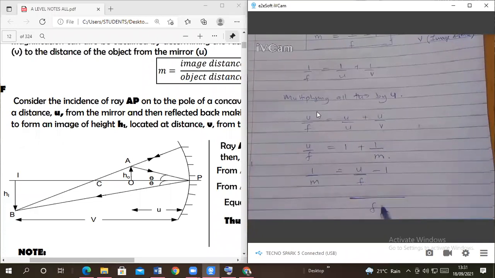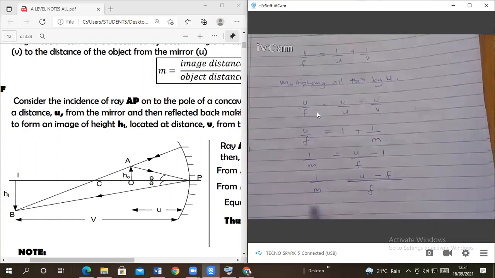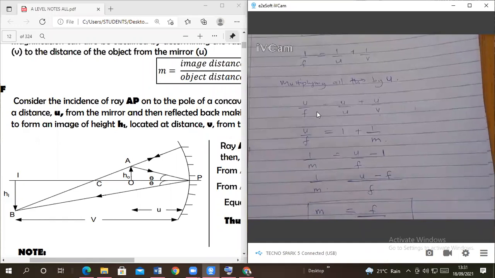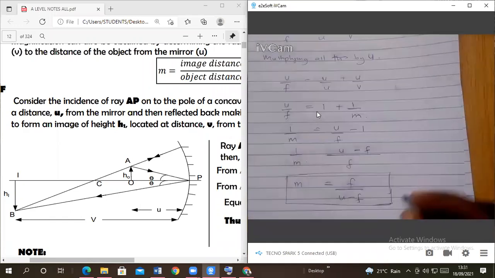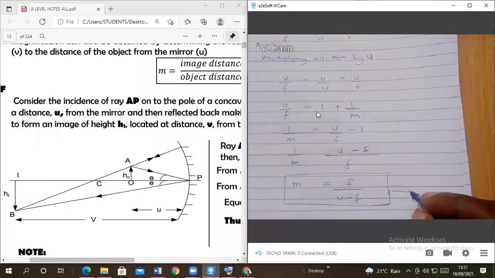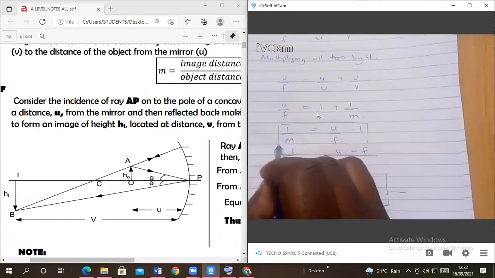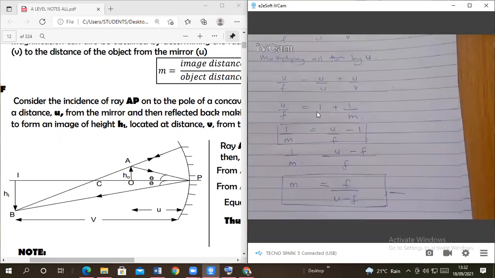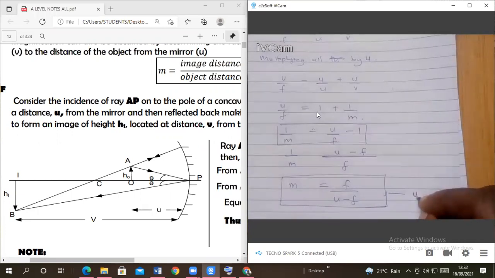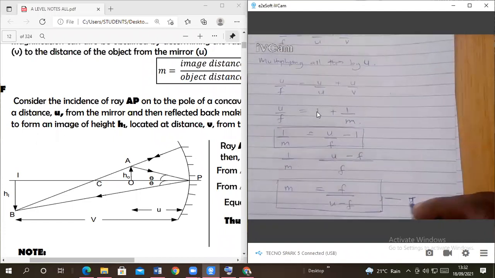So I have F, and I'll have U minus F equals 1 over M. If I take the reciprocal on both sides, I have M equal to F out of U minus F. So that is the magnification. You can use this or that if you want to get the magnification in terms of U.